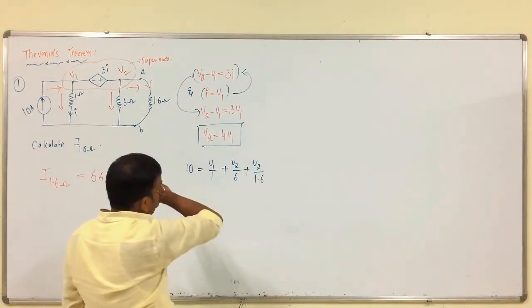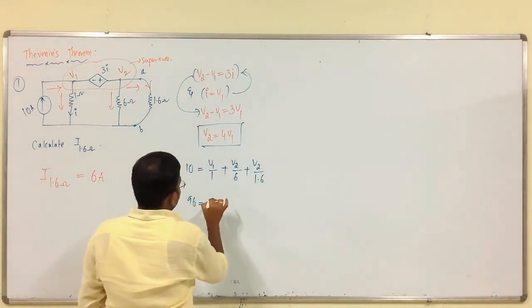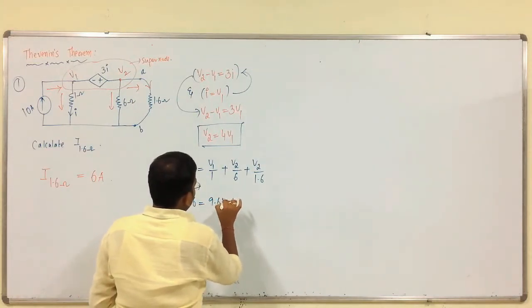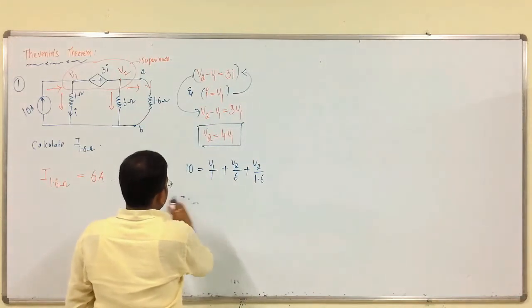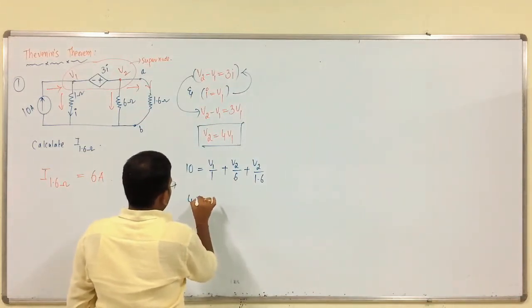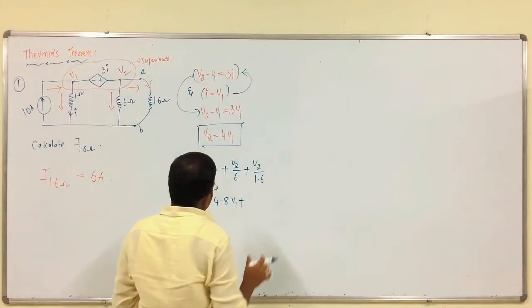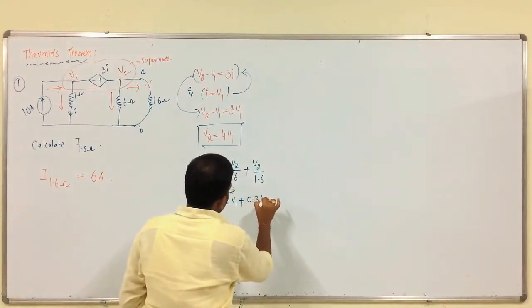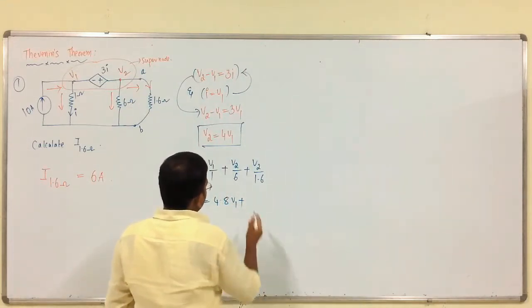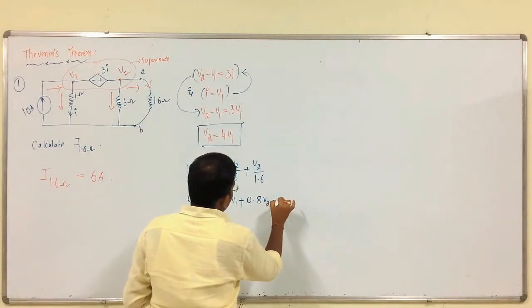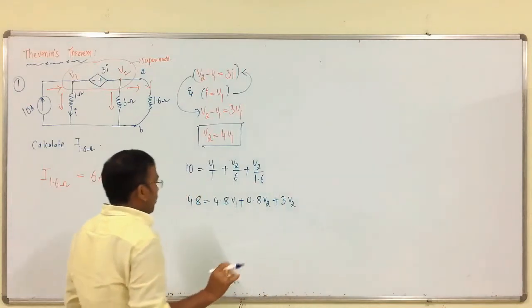So, 9.6 V1, or you can say 4.8. So 48 is equal to 4.8 V1 plus 6 into 0.3, this is 0.3, sorry, 0.8 V2 plus 1.6 into 3, that is 4.8, that is it.